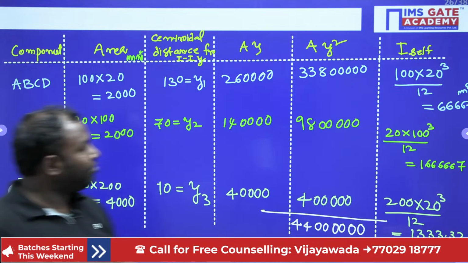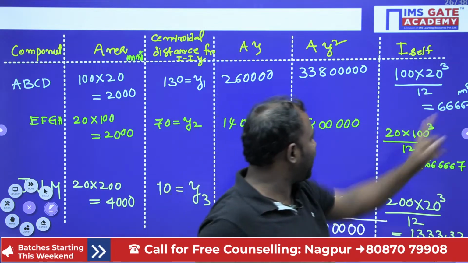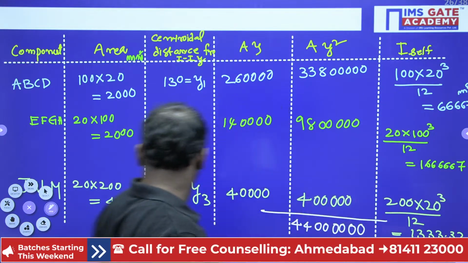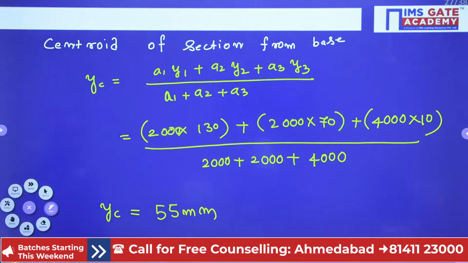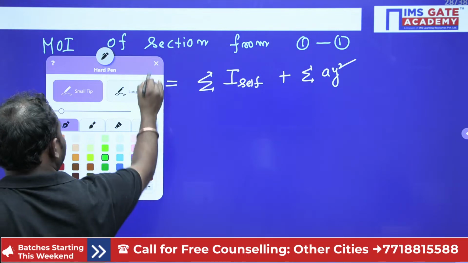Now here, if I add all these, sigma I self, that means this plus this plus this. Now I self, I'll calculate it.